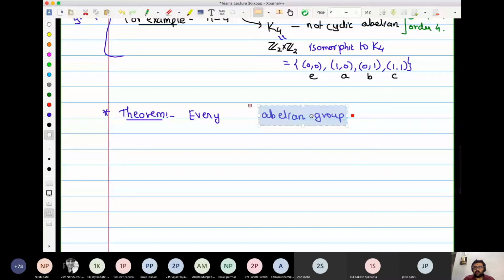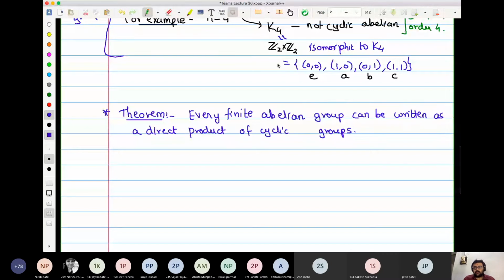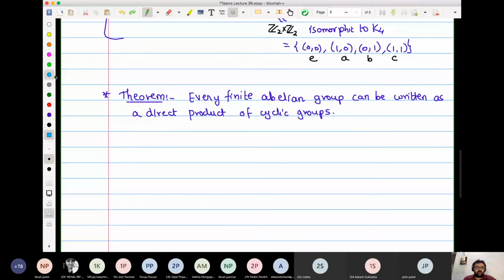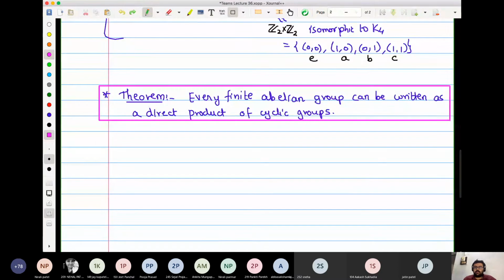A direct product of cyclic groups, you can call it. It can be written as a direct product of cyclic groups. So this is one of the most important results. Every finite abelian group, of course finite, can be written as a direct product of cyclic groups. Let us put it in a box. Yes, so this is one of the most important results in the theory of groups.